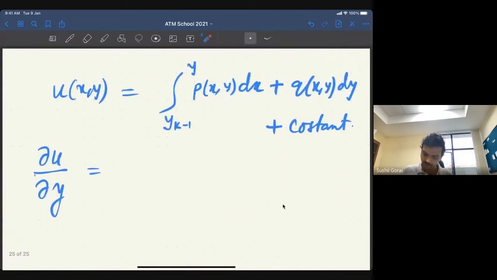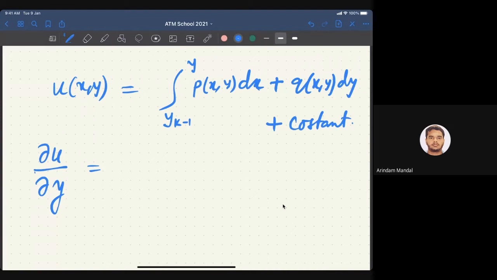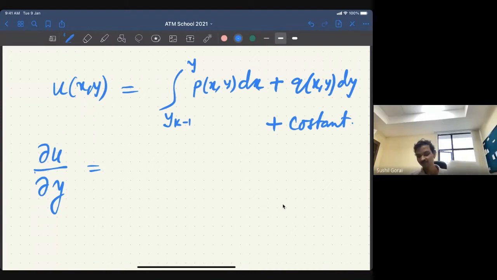So this one, del u by del x, gives you, by the fundamental theorem of calculus, what? Can you tell me what it is? So here, if you integrate, x is constant, right? It is independent of x as such. Yeah, q(x,y) will come.